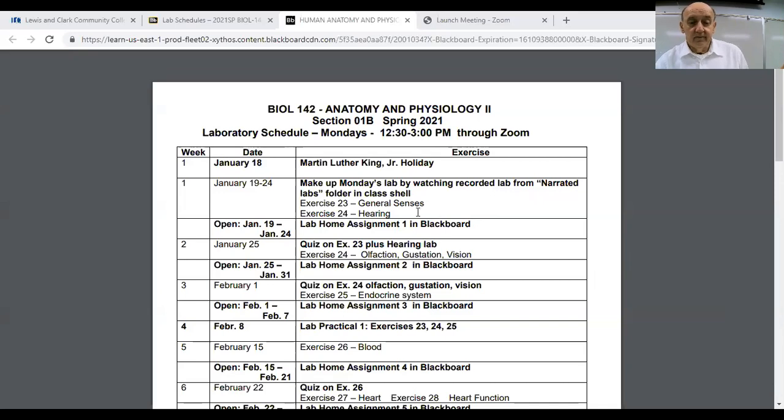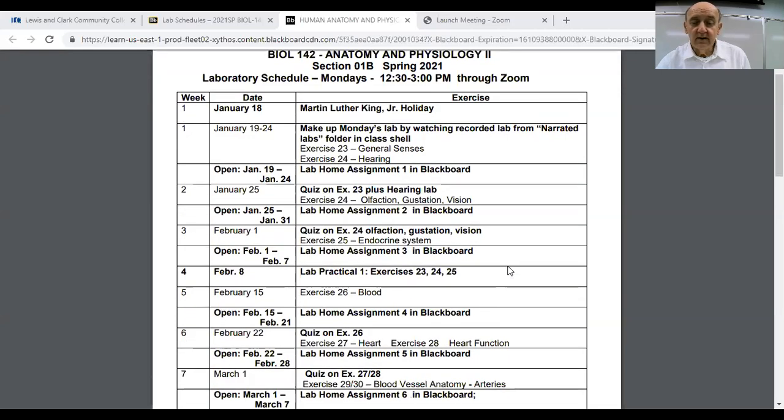So you see these weekly labs listed, but we do see other things in this lab schedule as well. The first thing perhaps is that after the closing of the lab, a lab home assignment opens in Blackboard. This is a non-proctored graded assignment.